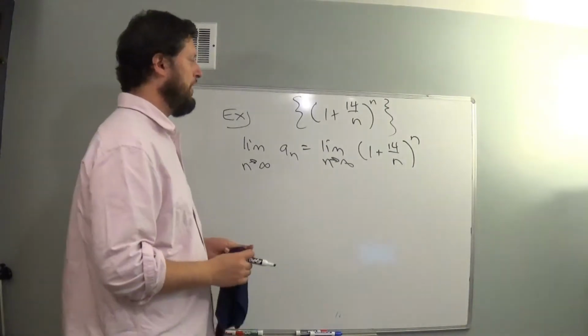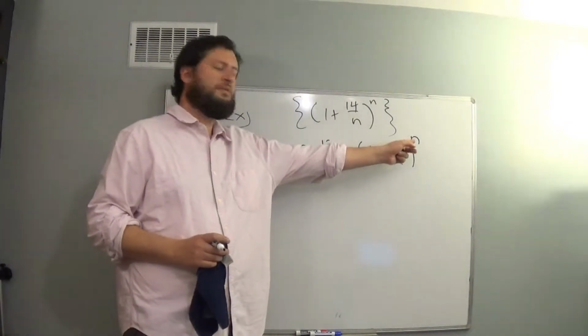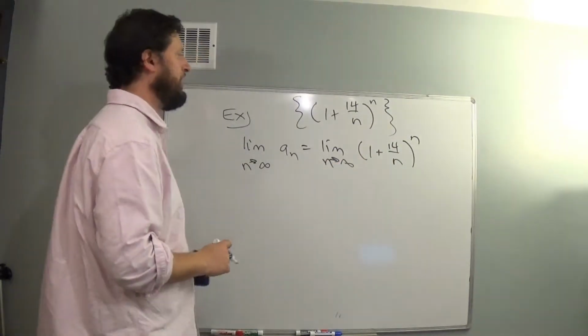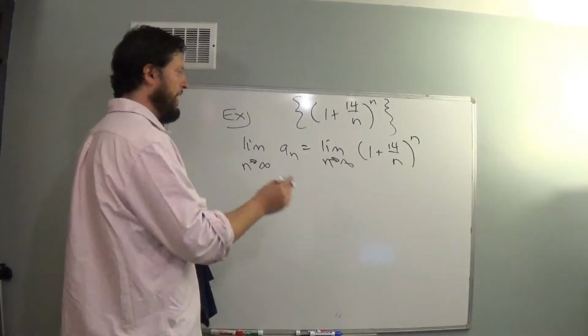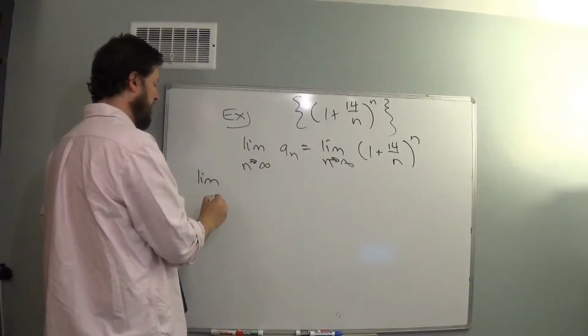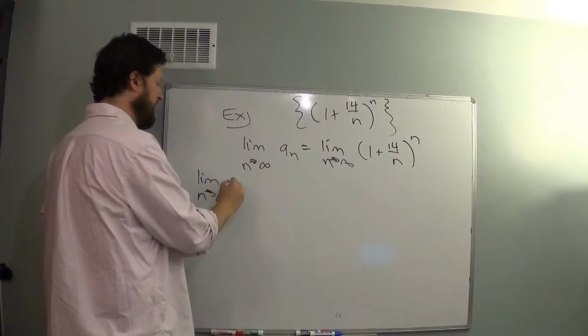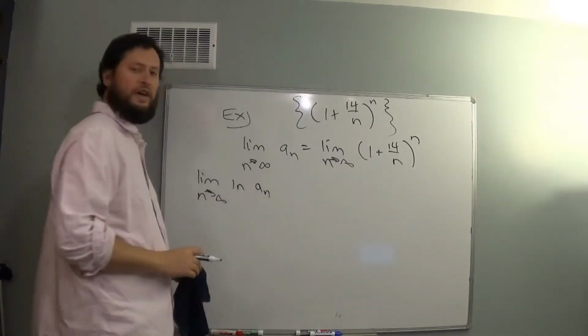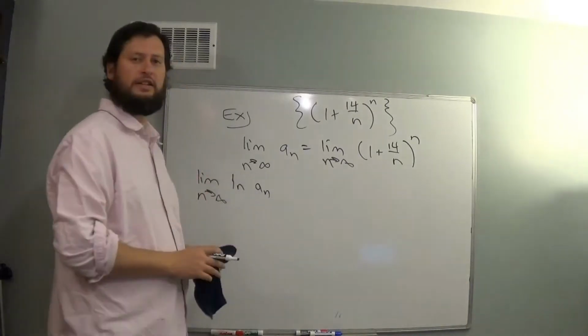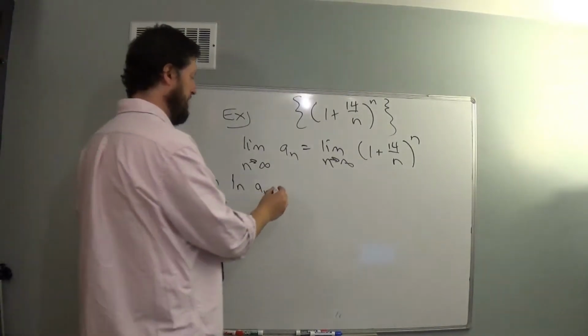And we have to do a trick, a math trick. How do I get variables out of the exponent? Well, we get variables out of the exponent by taking natural logs. So what I'm actually going to do is take the limit, as n goes to infinity, of the natural log of a_n. We're going to calculate that limit and then use that to get the limit that we actually want in the end.